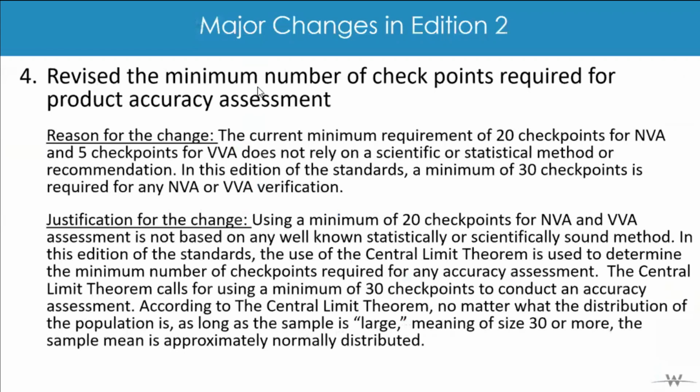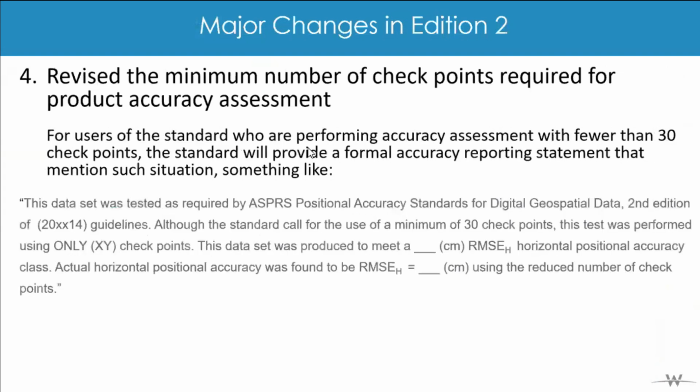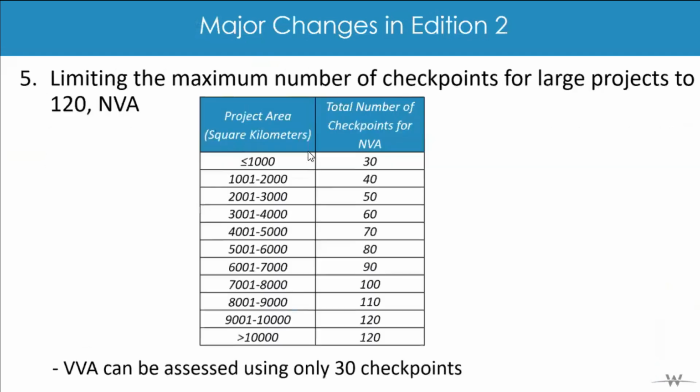Another change, we revised the minimum and the maximum number of checkpoints. The reason, like I mentioned earlier, is we try to reduce the requirement for the drone community. We couldn't find a scientific reason to reduce it, so we are sticking to the central limit theorem, 30.